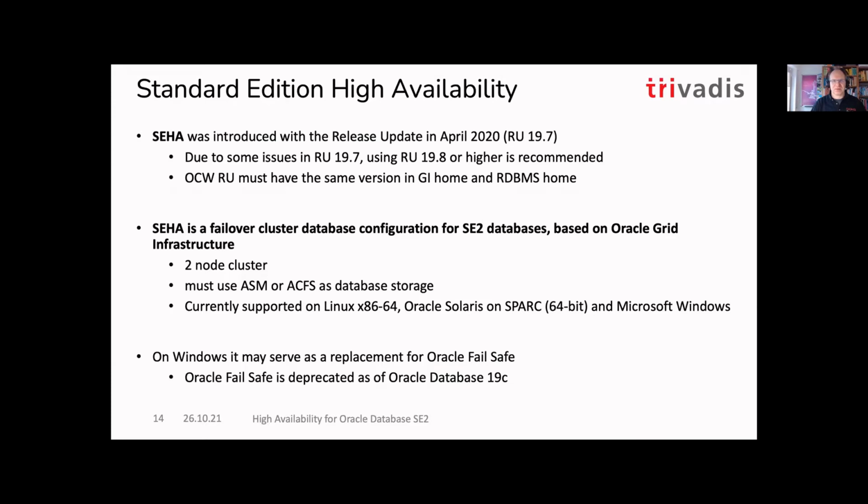I made the mistake when testing it the first time that I installed Grid Infrastructure, patched Grid Infrastructure, and then installed the database software and patched the database software, and then there was a version mismatch between the Oracle Clusterware release update in the Grid Infrastructure home and database home, and they did not work. So keep that in mind. Best thing is to run opatchauto for both the Grid Infrastructure home and the RDBMS home.